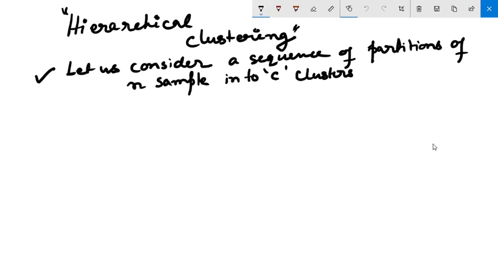The first of these is a partition into n clusters, each cluster containing exactly one sample. So each cluster at first will be having one sample.